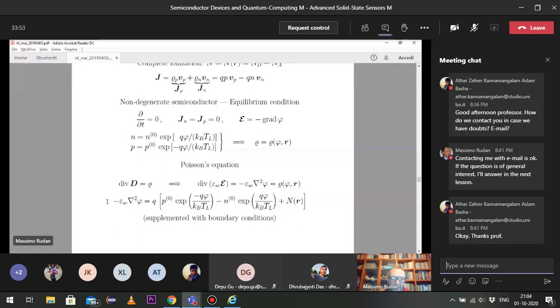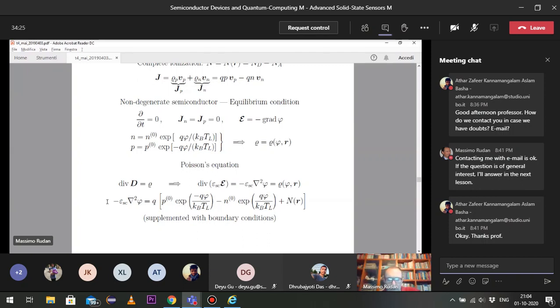So in order to solve this equation, we need boundary conditions. And we shall examine the boundary conditions soon. For the moment, we assume that we do have the boundary conditions. We solve the equation, and we find the value of the electric potential everywhere inside the semiconductor or at the boundary of the semiconductor.